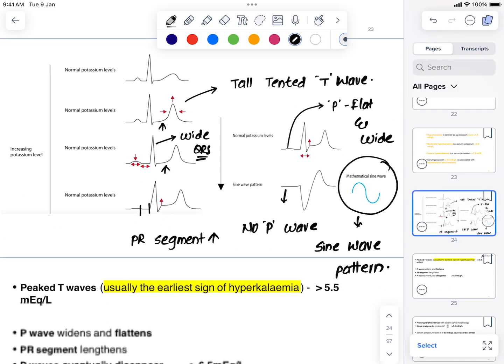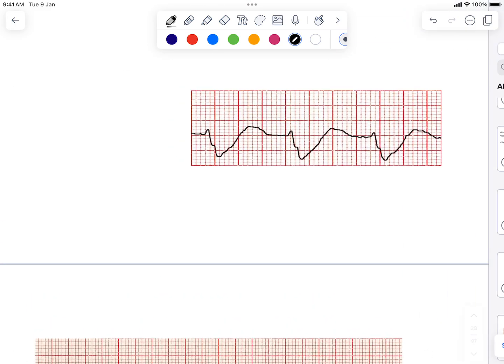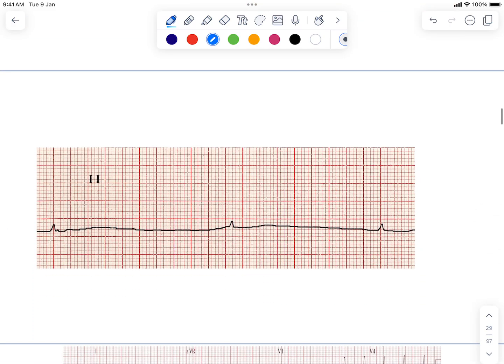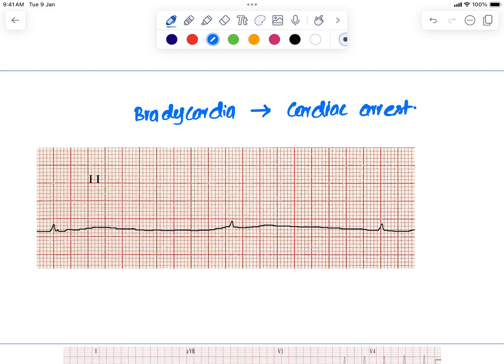You can see this. So this is your classical sine wave pattern. All right. Now, in very severe form of hyperkalemia, these patients will develop bradycardia, and finally they progress to the cardiac arrest, right? So these will be the ECG changes in patients with the hyperkalemia.